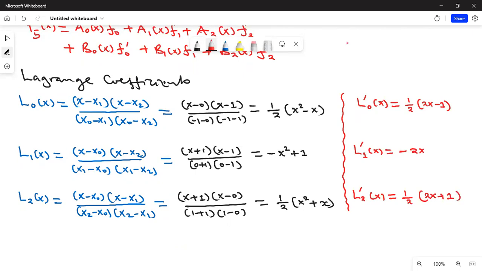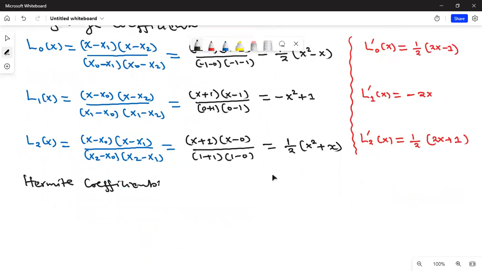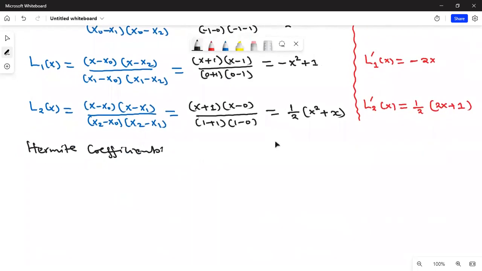So having found those derivatives, let's now compute the Hermite coefficients. We start with those of Ai. Remember, i is 0, 1, and all the way up to 2. So we'll start with A0.